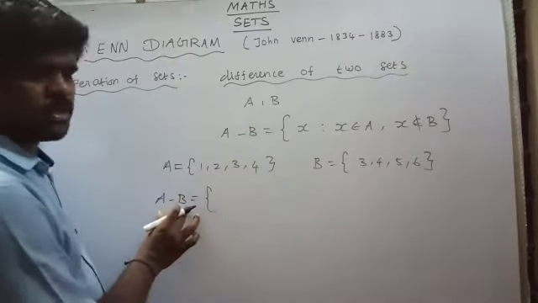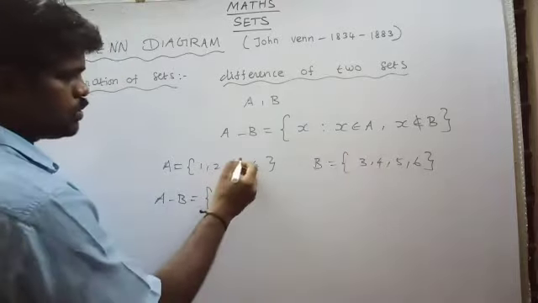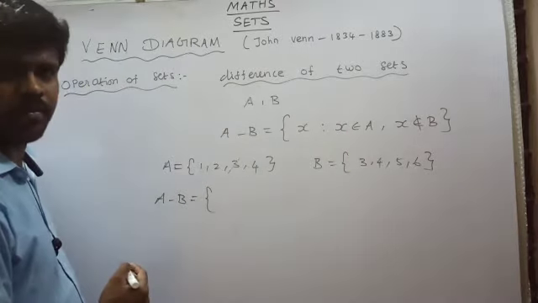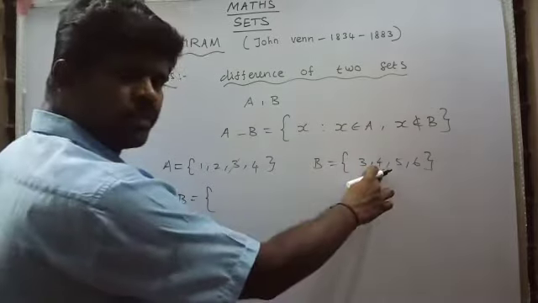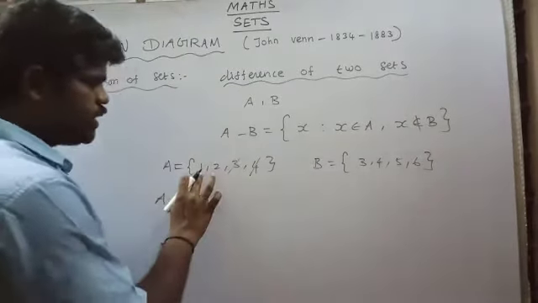To find A minus B, cancel the elements contained in B. If the elements of B are in A, we remove them. So here 3 is in B, so we remove 3, and 4 is also in B, so we remove 4, and write the remaining elements in A only.